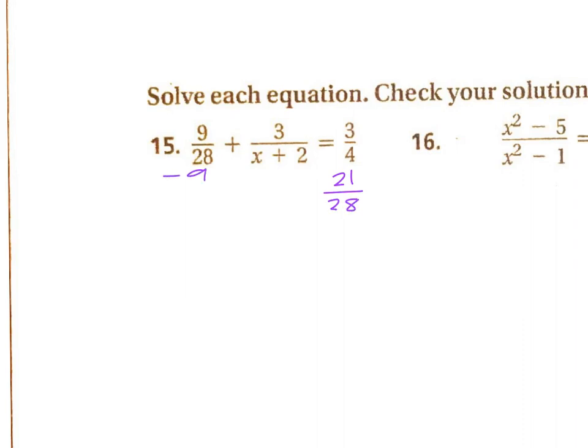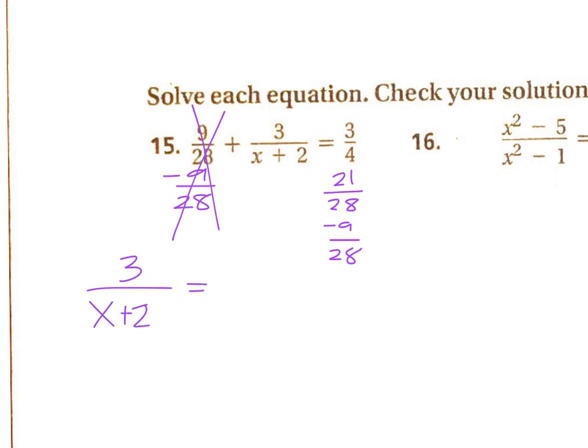And we're going to take away 9/28 from both sides. Okay, so this is gone. And now we have 3 over x plus 2 is equal to 21 minus 9, which gives us 12/28. And now all you need to do is cross multiply.